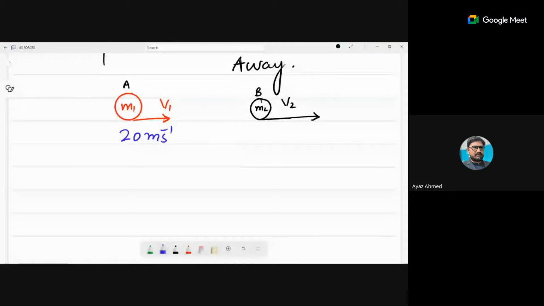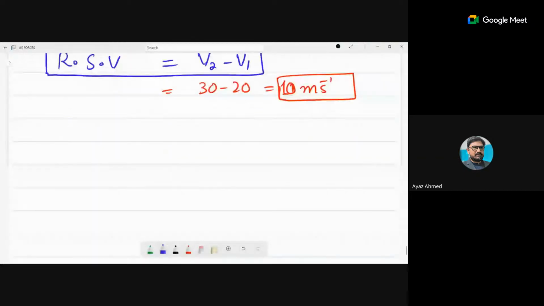You can use this equation when the bodies are moving in the same direction but separating. So the body b will move away from body a by a speed of 10 meters per second relatively.